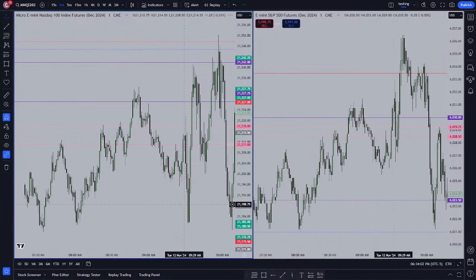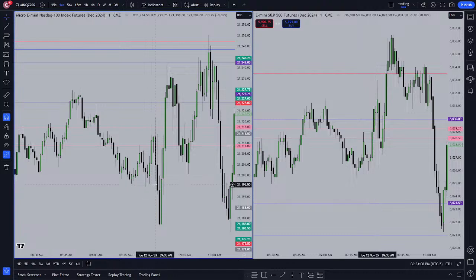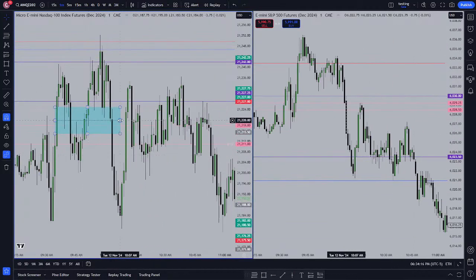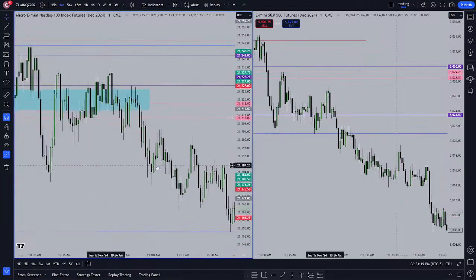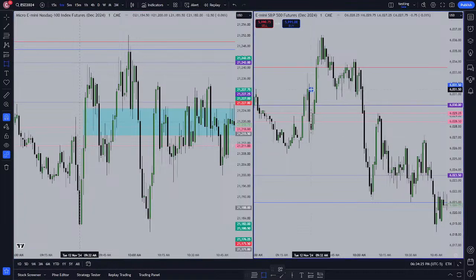Any SMT on the lower time frame, you are looking for buying. So we don't have the 9:30 gap until here. For ES, same thing.